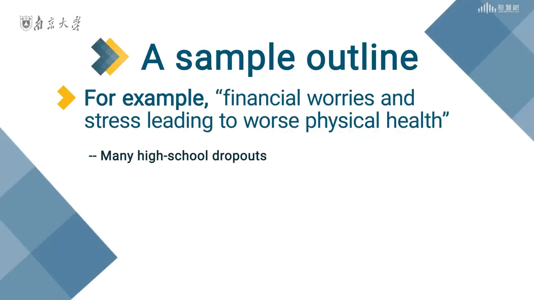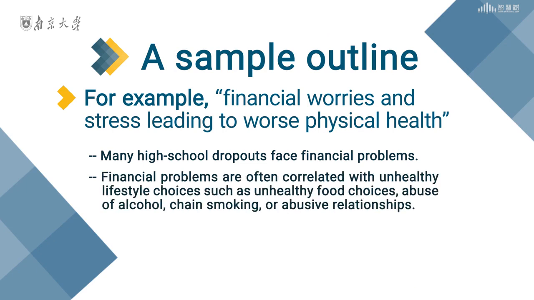A. Many high school dropouts face financial problems. B. Financial problems are often correlated with unhealthy lifestyle choices such as unhealthy food choice, abuse of alcohol, chain smoking, or abusive relationships.